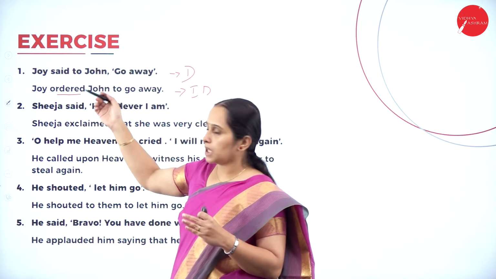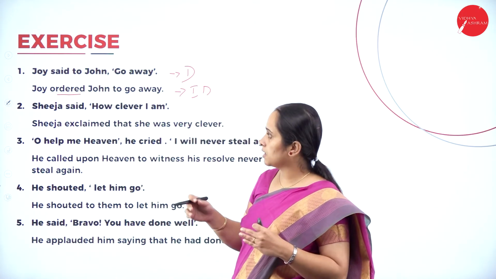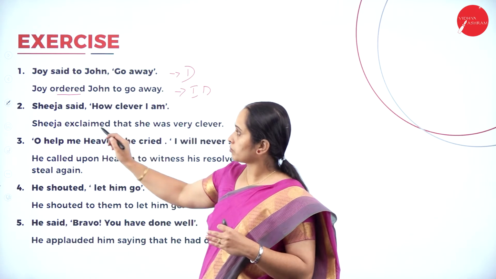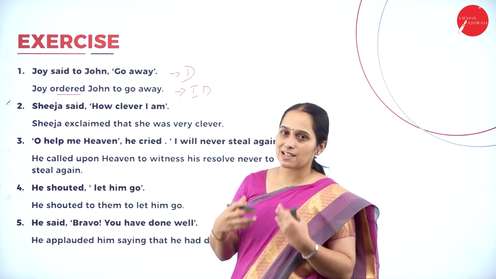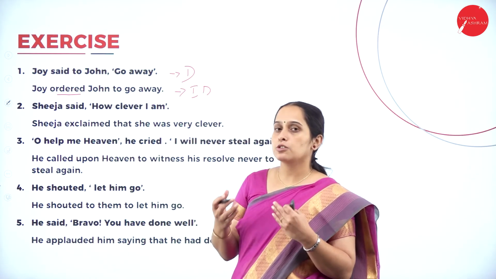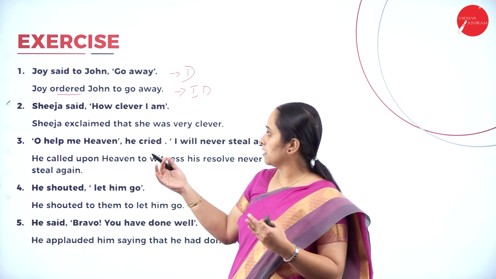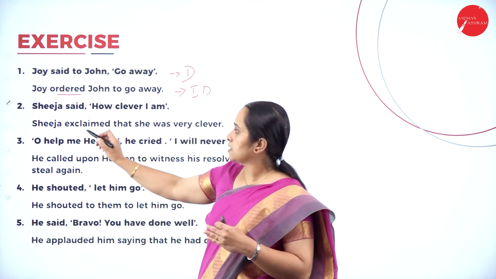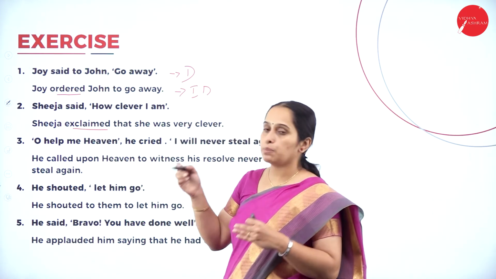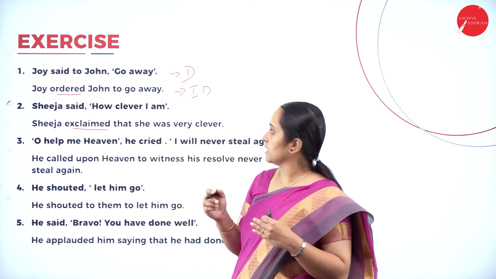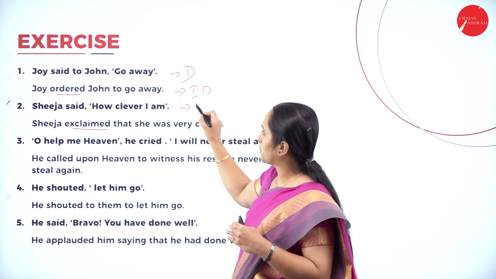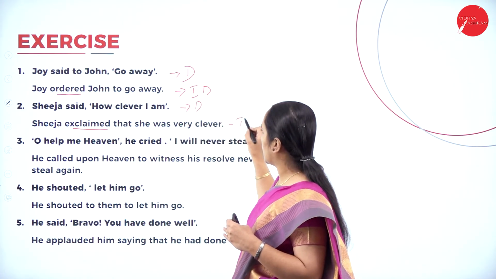Instead of writing something else, you can use that word "ordered" here. Here, Sheija's statement is an exclamatory thing, right? So instead of "Sheija said that," you can add another word, that is, Sheija exclaimed that she was very clever. So this is direct speech and this is indirect speech.